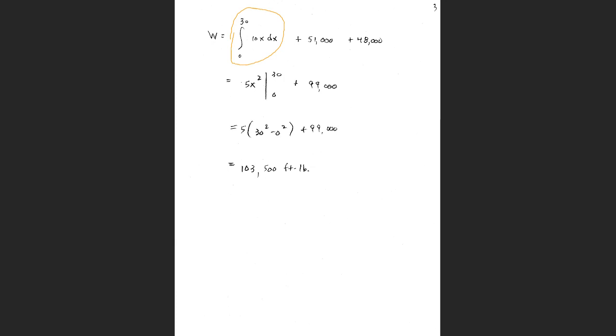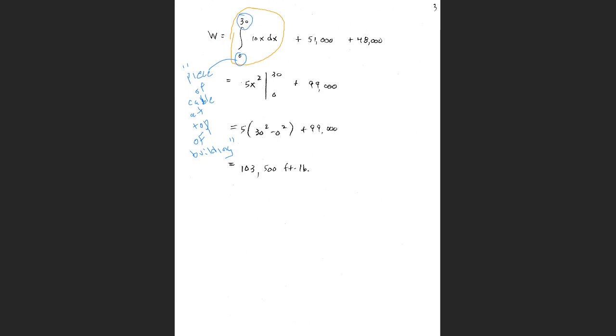It's 0 to 30 because the 0 here represents the piece of cable at the top of the building. That's already at the top. It's 0 feet from the top. So 0 is your bottom limit.